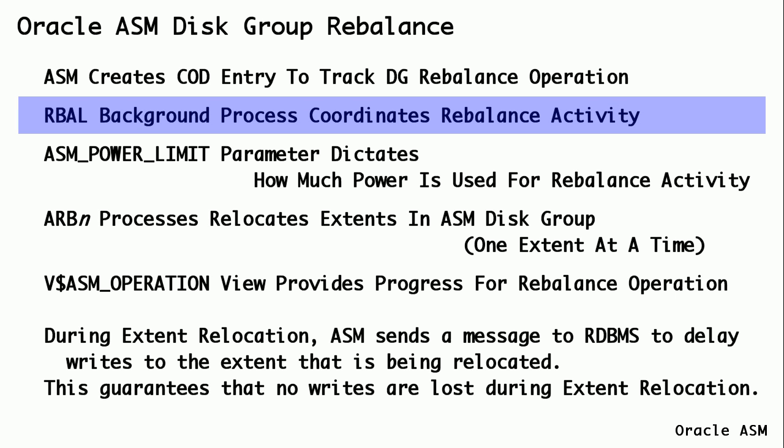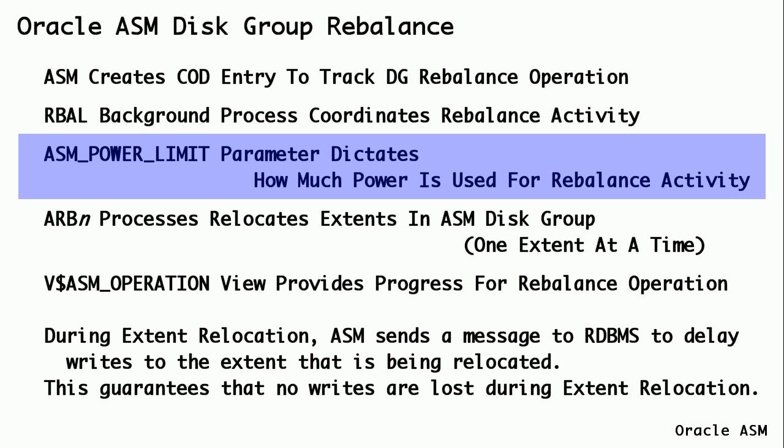The RBAL background process on the ASM instance is the ASM rebalance master process. The RBAL process initiates and coordinates rebalance activity. The RBAL process creates a plan for distributing file extents evenly across the disks in the disk group.